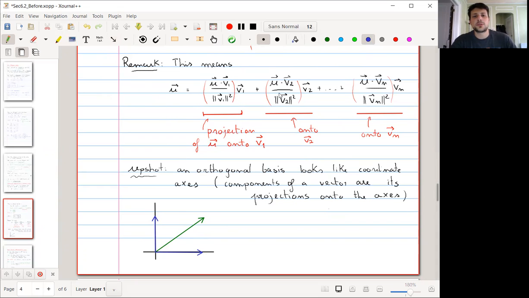What is happening with an orthogonal basis is very much the same. Orthogonal bases are nice bases because they work like coordinate axes in this respect.